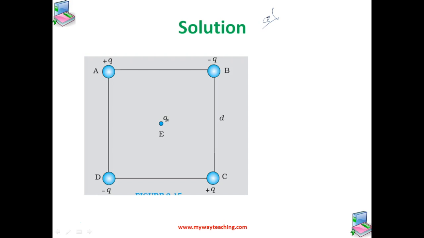The first step is work needed to bring a charge Q to A where no charge is present. So first it is obviously 0. When we bring charge Q to the point A, there is no external force. So that is 0. The potential in that case is 0.